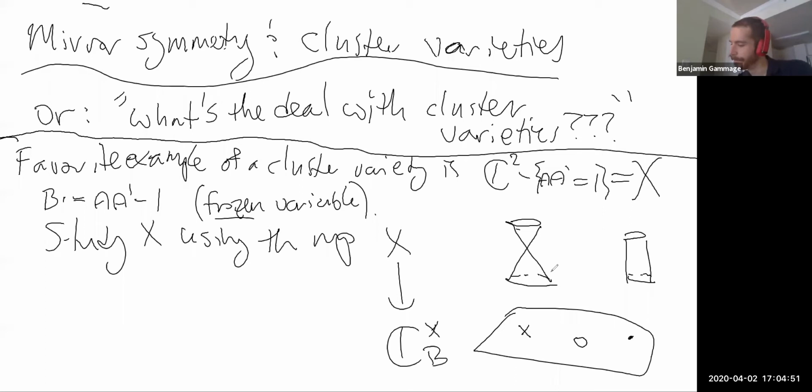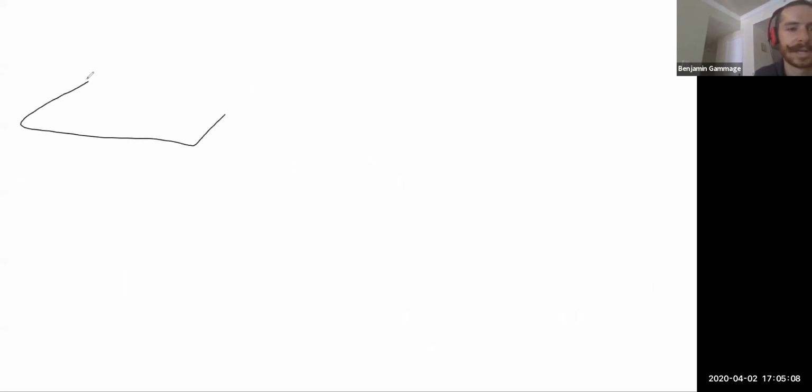So that's what this map looks like. I'm going to go to a new page now and redraw that picture. I'll probably keep redrawing this picture the whole talk since it's such a fundamental picture for me: general fiber C star, special fiber something nodal.